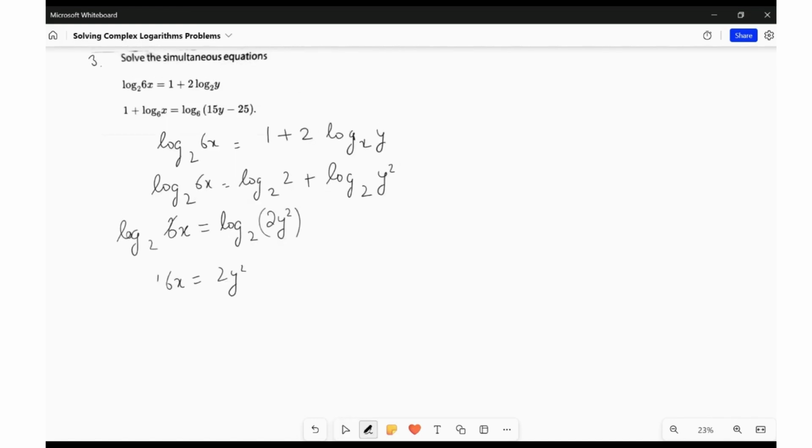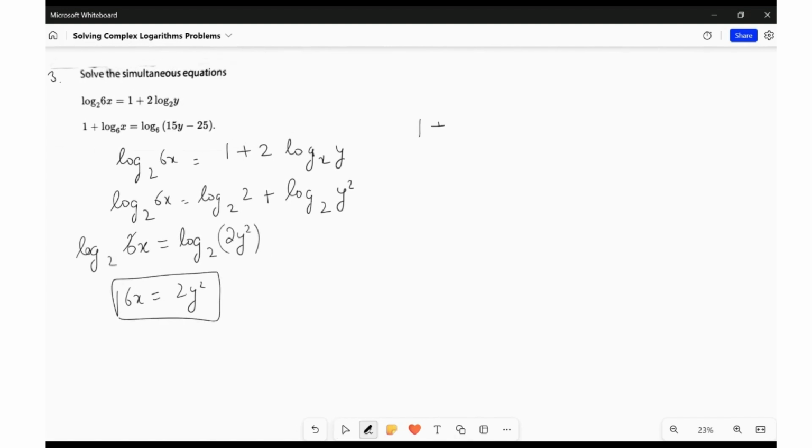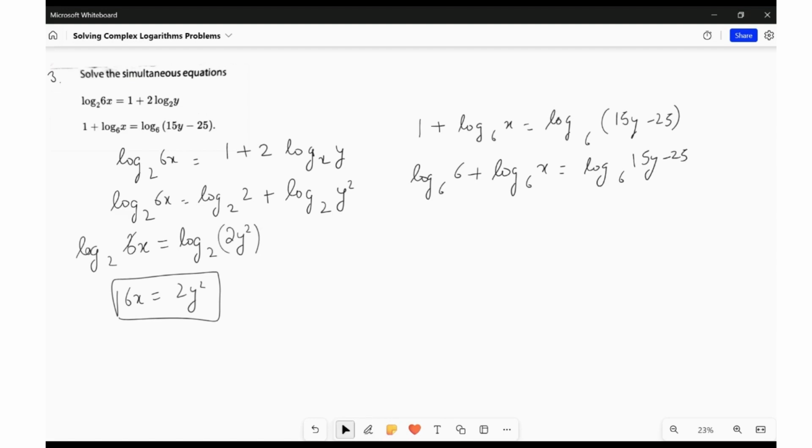Now we know this from the first equation. In the second equation, we have 1 plus log x base 6 is equal to log 15y minus 25 base 6. Now we need to make the base 6. We can write 1 as log 6 base 6 plus log x base 6 is equal to log 15y minus 25 base 6.